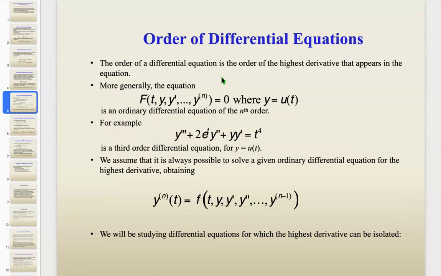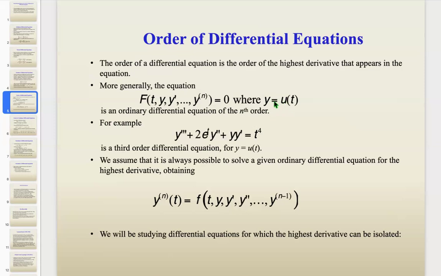We need to get a little terminology set so we understand each other when we talk about what we're doing in these differential equations. An ordinary differential equation can be written as F of t, which is the independent variable, and then y and all of its derivatives, which are functions of t. This is again a typo.